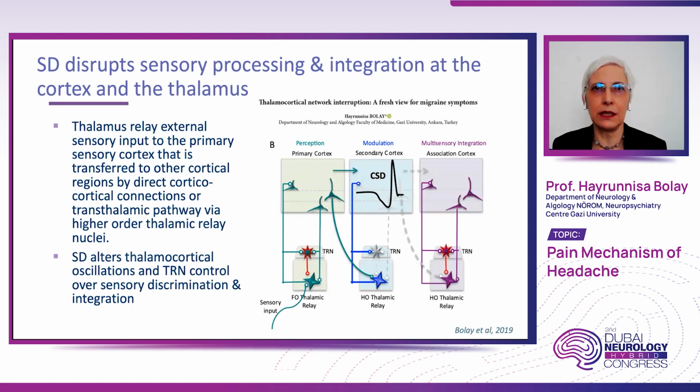It is limited and cannot propagate over long distances, but spreading depression in human cortex is able to interrupt the thalamocortical network or any talk between the first order and higher order oscillations in the thalamus and cortex. And that will be important in inducing sensory discrimination problems and impairing sensory integration.